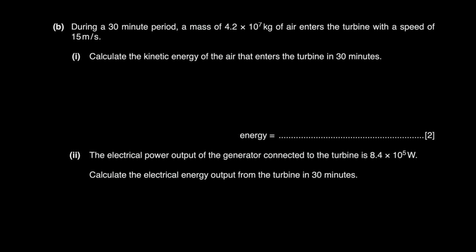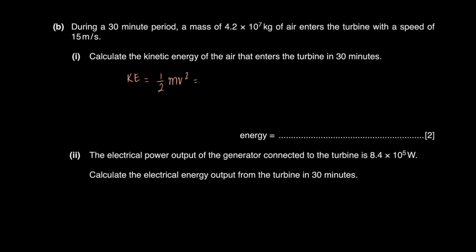During a 30-minute period, a mass of 4.2 times 10 to the power 7 of air enters the turbine with a speed of 15. Calculate the kinetic energy of this air. I think they're using a wind turbine. Anyway, the velocity and the mass are given, so we'll use the kinetic energy formula, half mv squared.